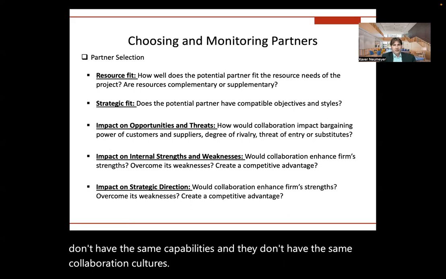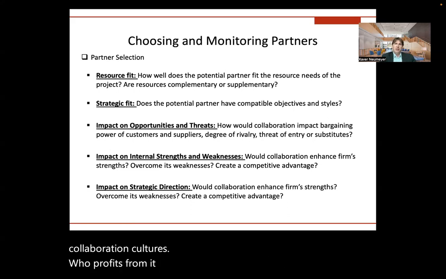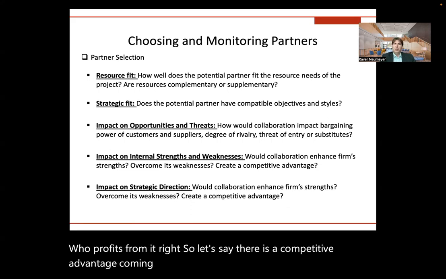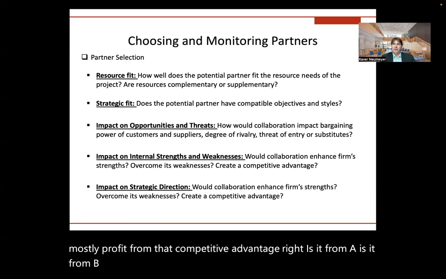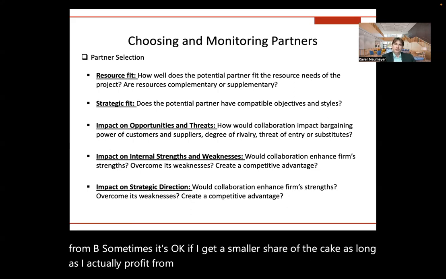Who profits from it? So let's say there is a competitive advantage coming from this partnership. Who is going to mostly profit from that competitive advantage? Is it A? Is it B? Sometimes it's okay if I get a smaller share of the cake, as long as I actually profit from this relationship.